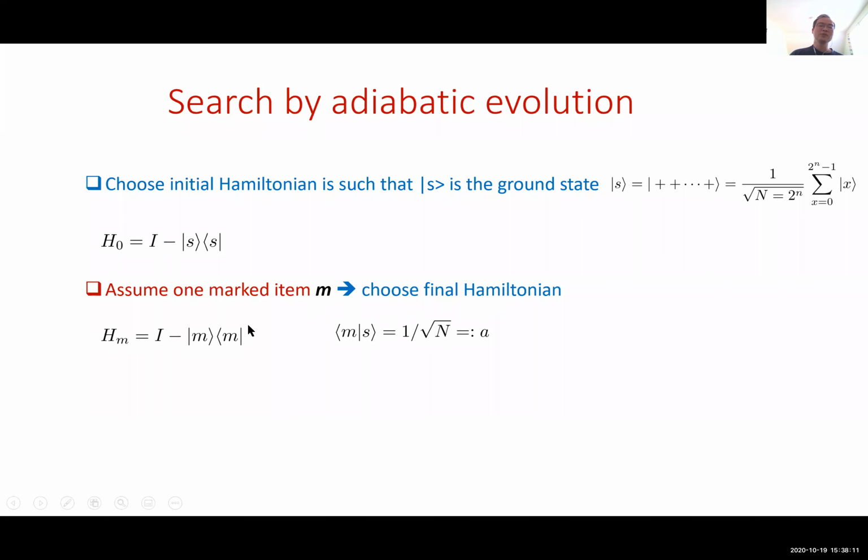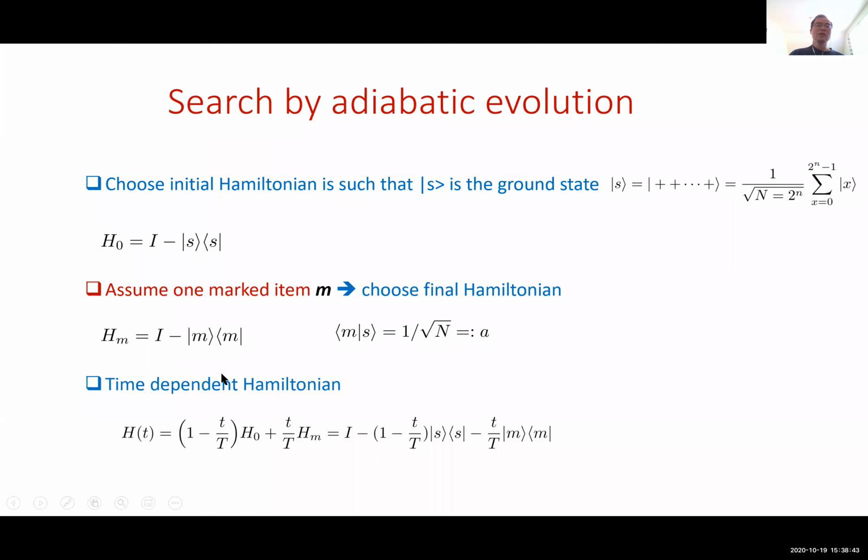So similarly, the final Hamiltonian is the identity minus the projector onto M. This M is what we're going to find. We know M is one of the objects, and S is the superposition of n objects, so their overlap is 1 over square root of n. I'm going to label this as A.